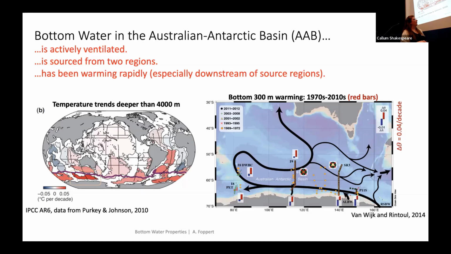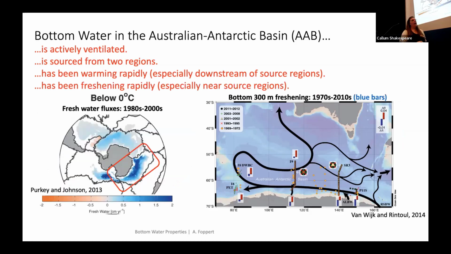So they put together this map to look at the inferred circulation, and they see as you go away from the two source regions in the lower right-hand corner, you can see the Ross Sea bottom water by 160 and the Adelie Land bottom water by 140, making this clockwise circulation pattern around the basin, and that the warming gets quite strong as you go farther along that circulation pathway.